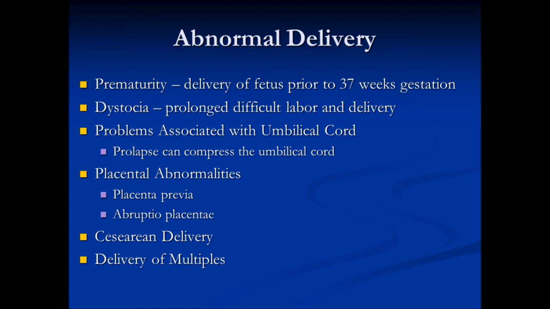Now, where the umbilical cord is concerned, it passes through the cervix into the birth canal. If it does so ahead of the baby, that is called prolapse.